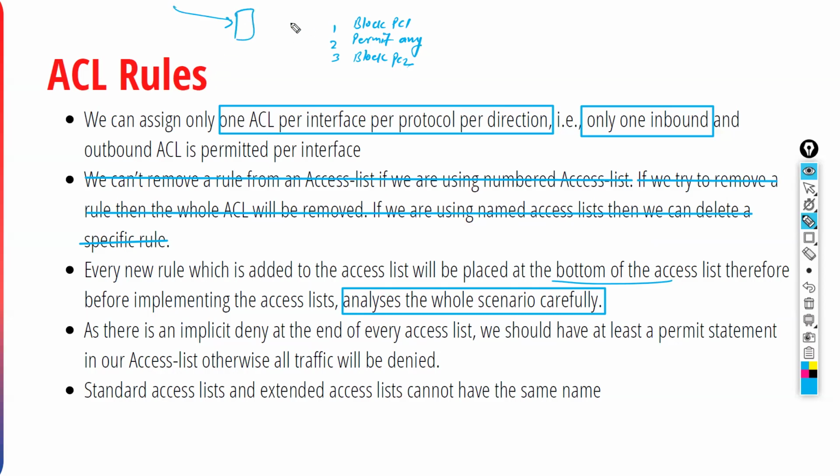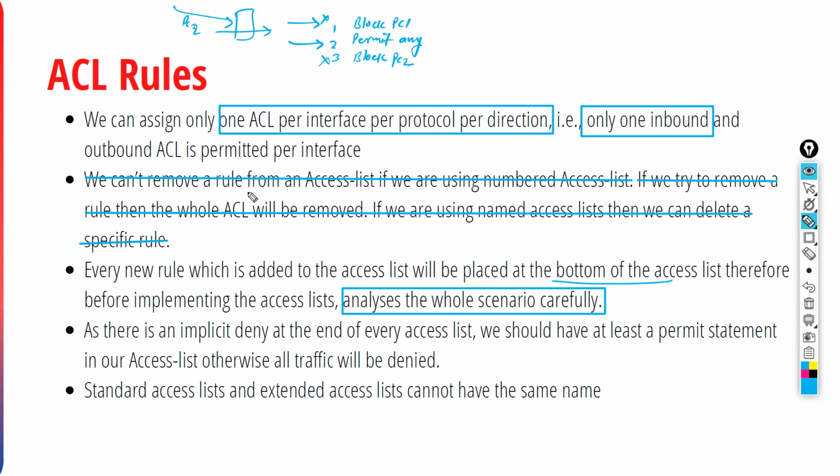ASA will first match the first rule. Not matching, so ASA will check the second rule. Let's say this is coming from PC2. ASA will check the second rule, permit any, and will permit it. It will never check the third rule. So you have to understand the whole scenario first, what you're trying to achieve with the help of the access list, how you are trying to filter the traffic. And accordingly, you have to decide your access control entries.